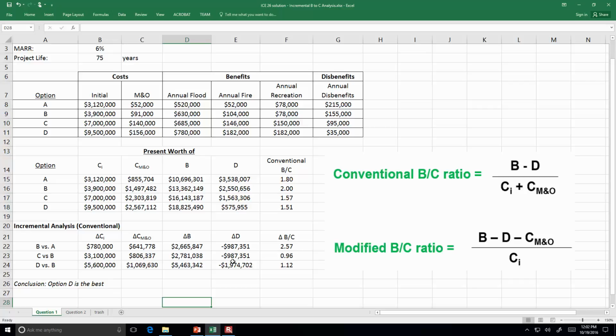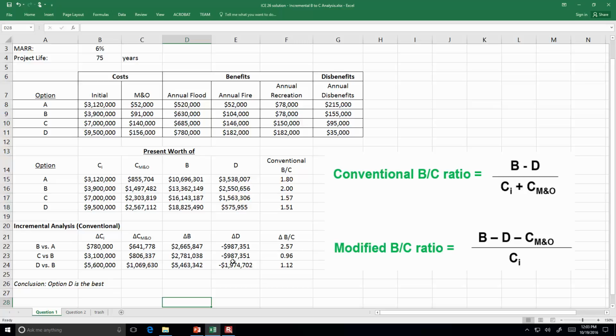We also noticed that of these alternatives, option B had the highest B to C ratio. But that could give you the wrong idea, in the same way that you can get the wrong idea just by looking at interest rates, internal rate of return, comparing projects. You can't compare projects on the basis only of their B to C ratios, and that's why we do the incremental analysis.